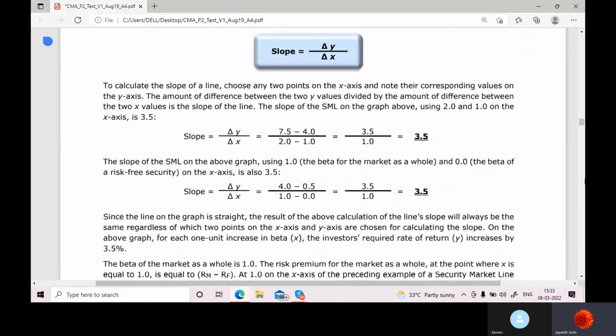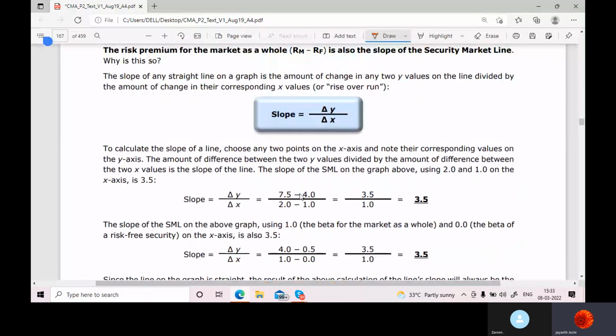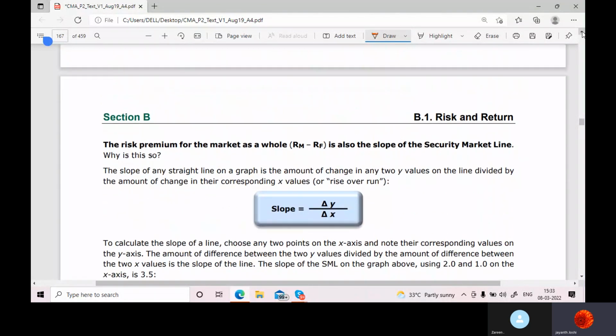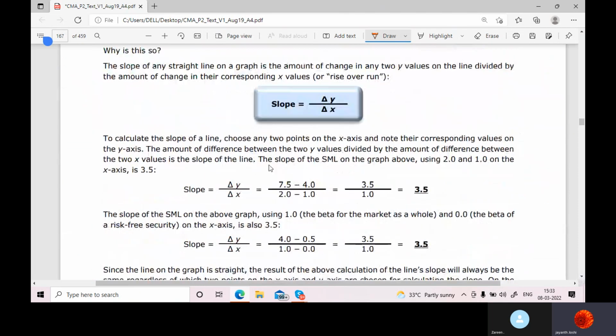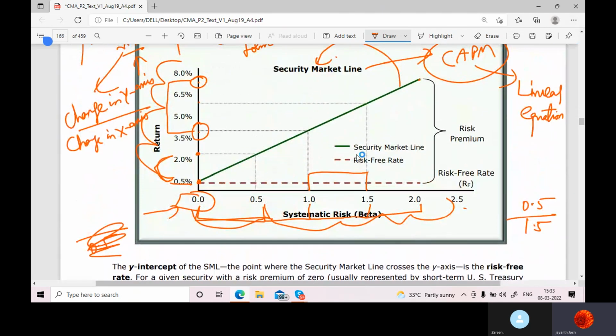Now here what they have explained is 7.5 minus 4.0 as the change in y axis, and from here to here they have taken the change in x axis, that is 2 minus 1. The graph is not clear actually.